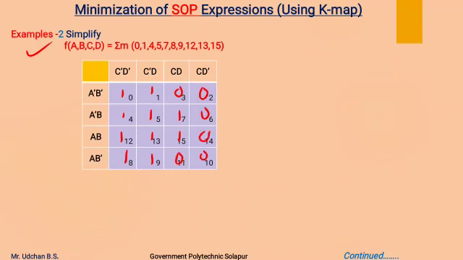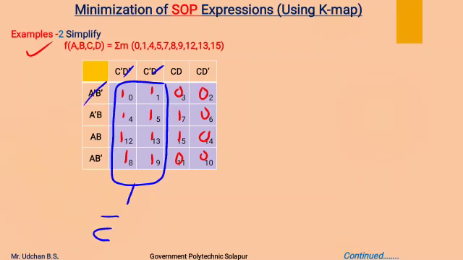After this we will find the octet if it is possible. Here it is possible to get an octet. This is the octet for which we can get the equation as c bar only, as d bar gets cancelled and all these terms get cancelled with each other.